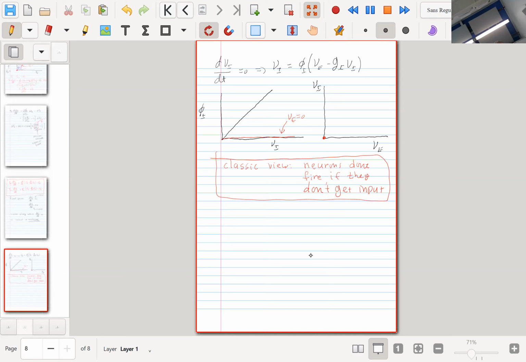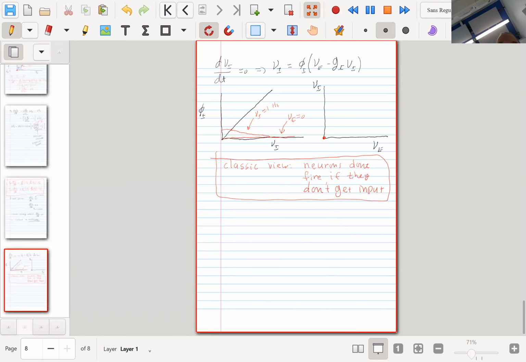So now we increase ν_I. Say this is ν_I equals 1 hertz. Now we have an intersection.